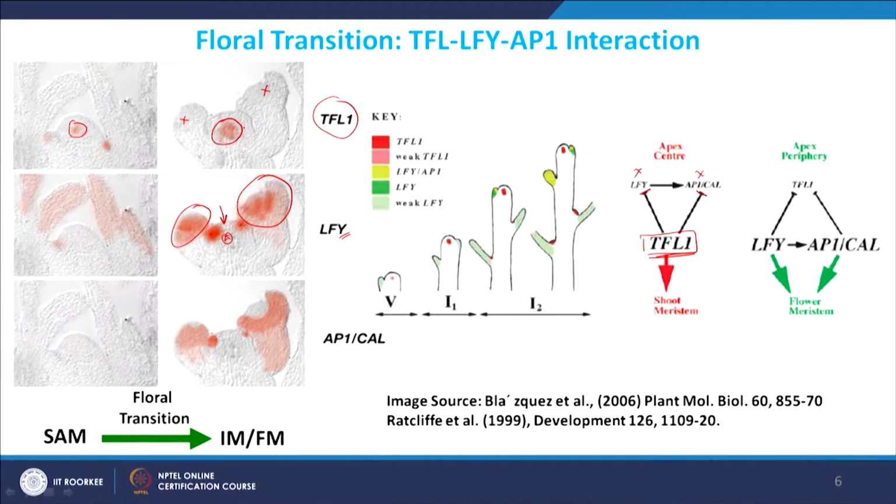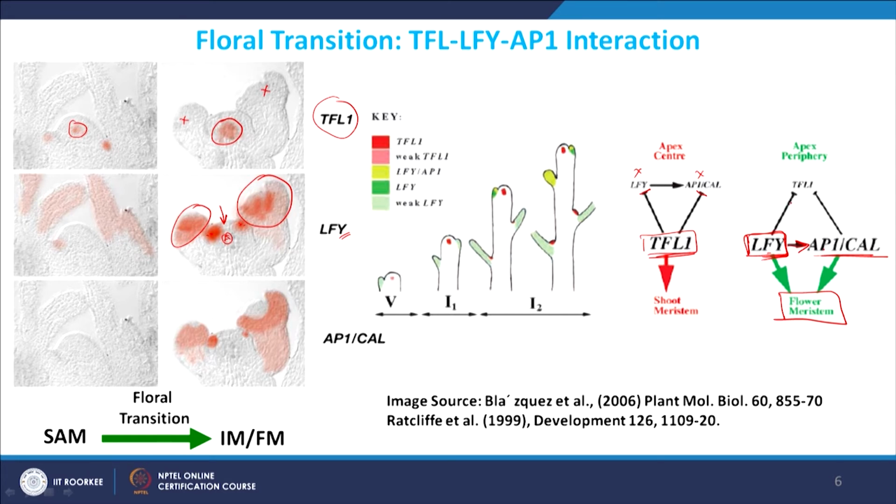But if you look at the peripheral region, just here in the peripheral region your LEAFY is getting activated, and when LEAFY is getting activated, LEAFY also activates expression of AP1, and then both LEAFY and AP1 together specify or provide floral meristem identity to the peripheral meristem.